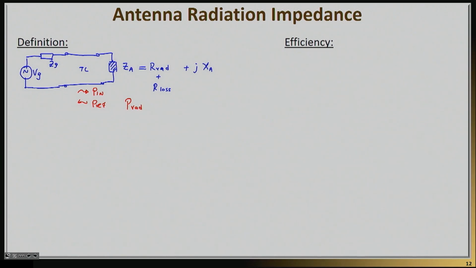So we're going to call the P radiated 1/2 the current in the antenna squared times R radiation. And some of the power will actually be lost. So the lost power will be given as 1/2 I of the antenna squared times R loss.